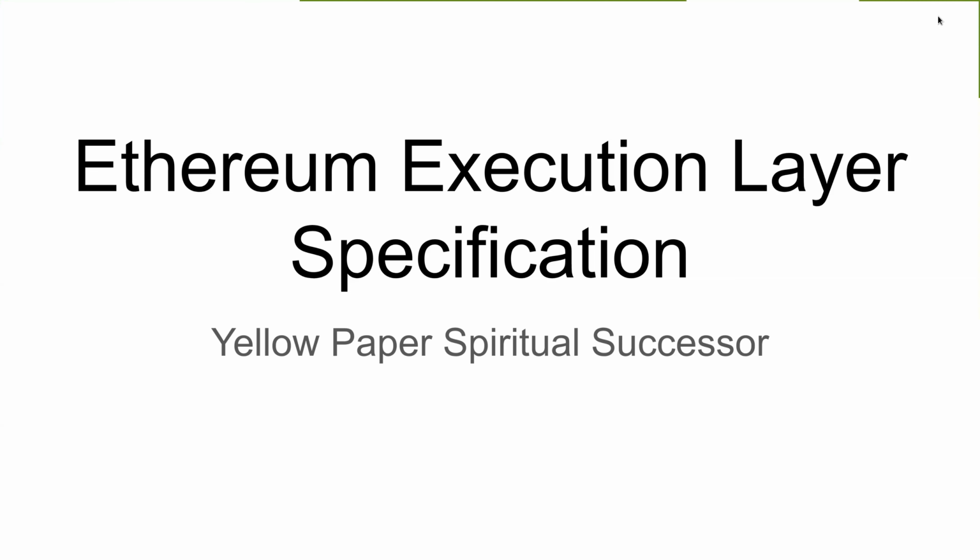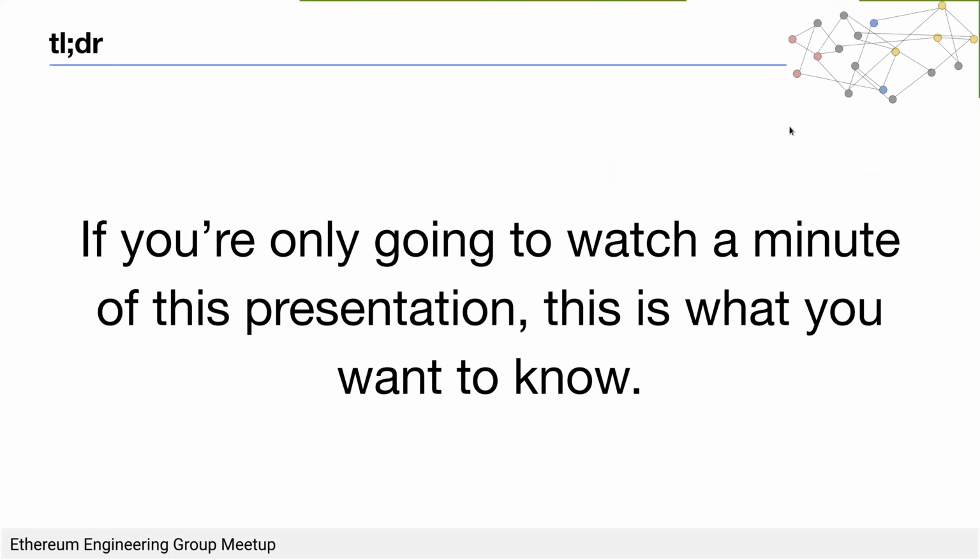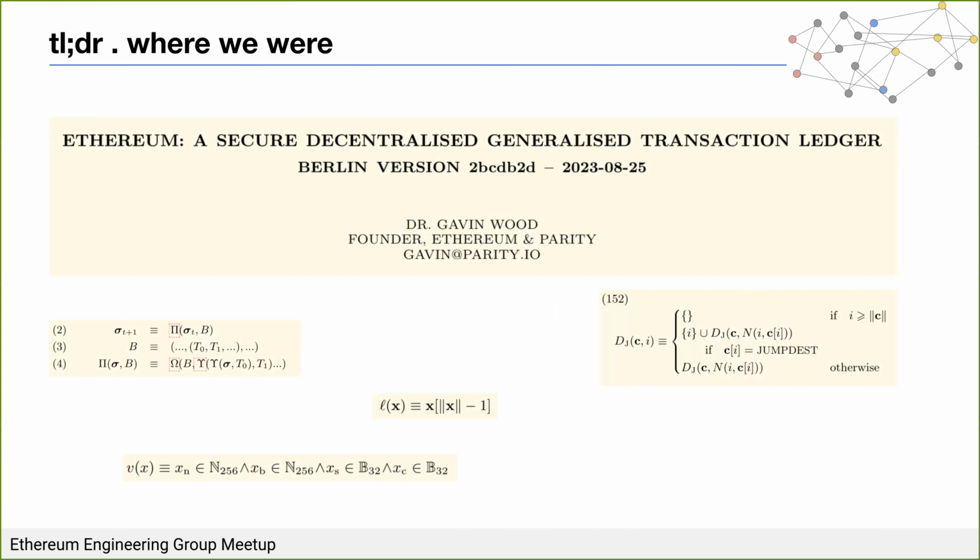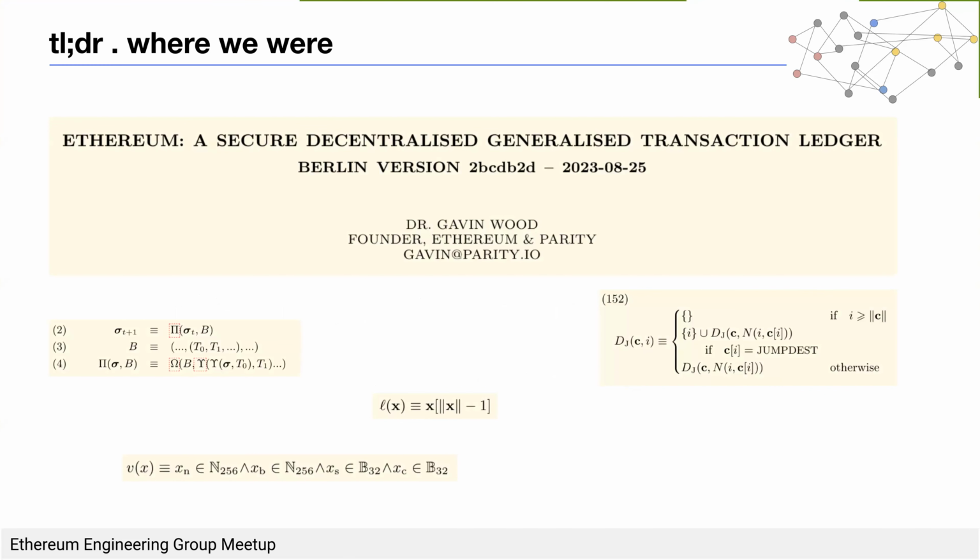And with that, I'd like to introduce the Ethereum execution layer specification. It's kind of a spiritual successor to the Ethereum yellow paper, except this one's actually maintained. If you're only going to watch about a minute of this presentation, this is the part you're going to want to know. Before today, we have the Ethereum yellow paper, which is a very academic document.